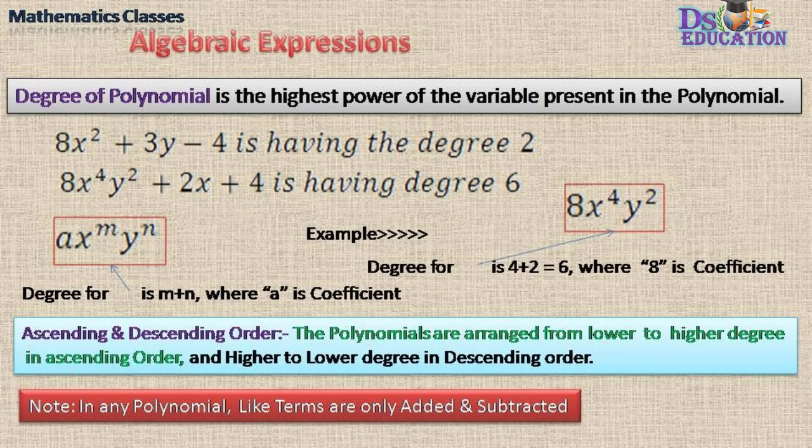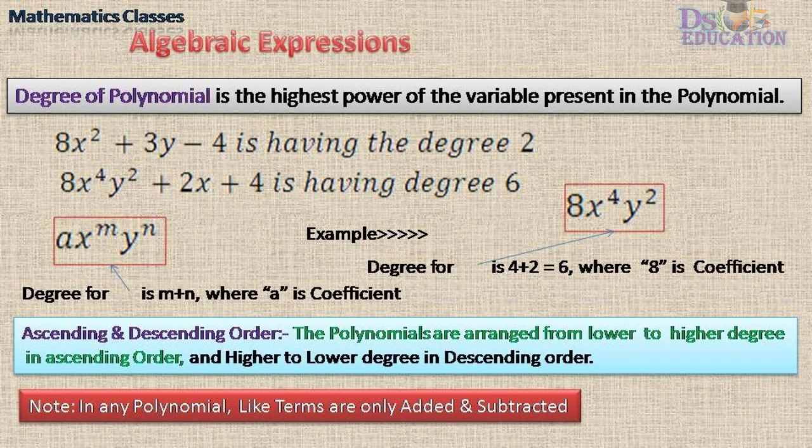Okay, one more thing you should remember whenever you are doing questions related to polynomials: when addition and subtraction cases are there, we can only add and subtract the like terms. Now like terms you have already understood in the previous window.